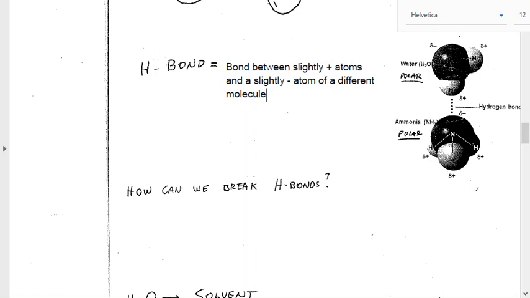They are not in the same molecule. In biology, the slightly positive atom is usually the hydrogen. That's why it's called a hydrogen or H bond. The negative atom is usually oxygen or nitrogen. In chemistry it sometimes includes fluorine, but that's not too common in bio. It's usually oxygen or nitrogen.